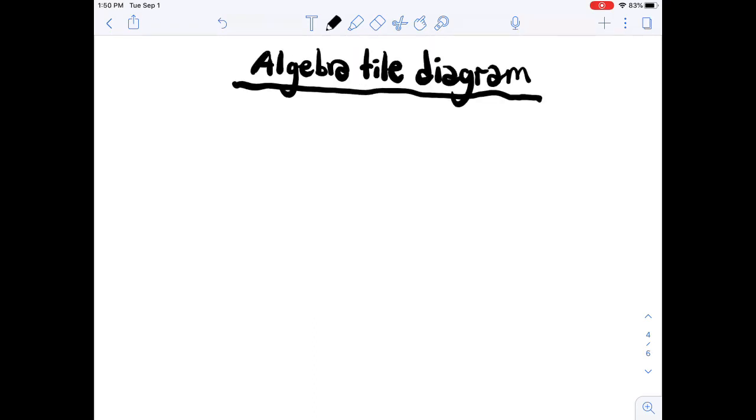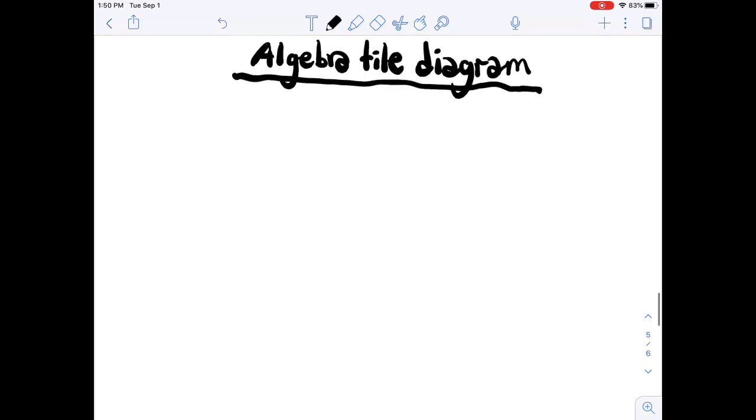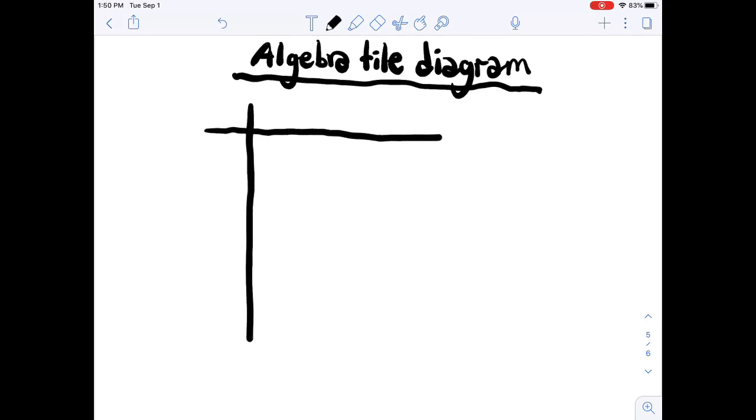And the last method I'm going to show you is using the algebra tile diagram. And I showed you this in the last lesson of multiplying a polynomial by a monomial. So this is what it looks like. Let's say we have to solve 3x minus 2 times 4x minus 5. So in this vertical space, we're going to draw 3x minus 2.